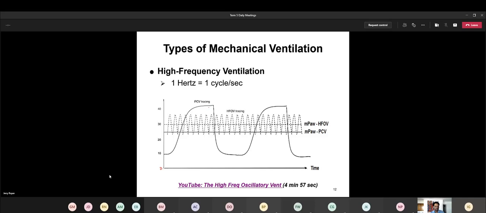So I see 35, but remember, delta P is measured from the baseline. So our PIP is about 40-ish. It's a little bit more, but I'm going to just say 40. Our PEEP is 10.